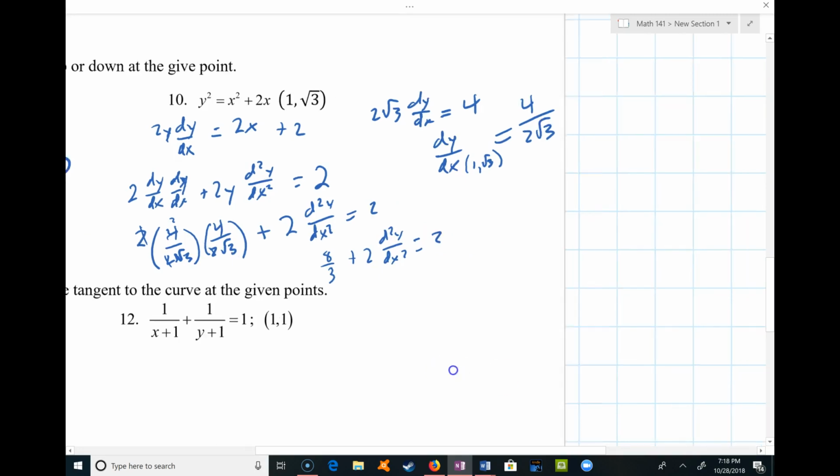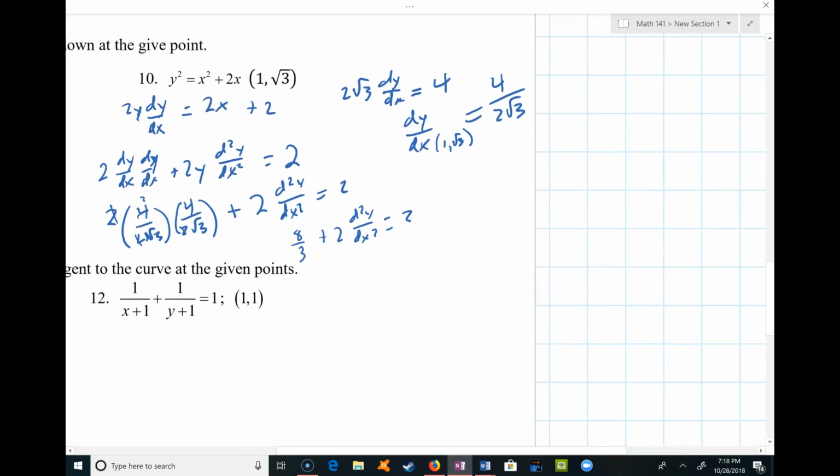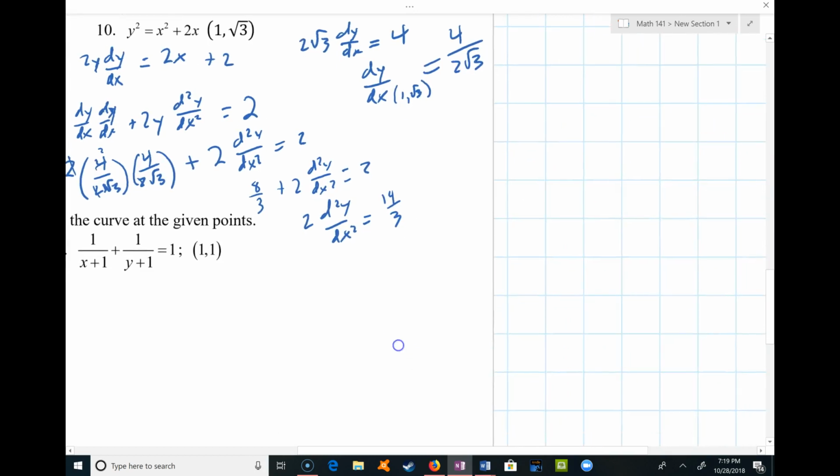So if I add 8/3 to both sides and divide by 2, so let's see, I guess I'll hold off on the dividing by 2. If I add 8/3 to both sides, 2 is the same thing as 6/3, so that would be 14/3, wouldn't it? And then I divide both sides by 2, and I get d squared y/dx squared is equal to 7/3.